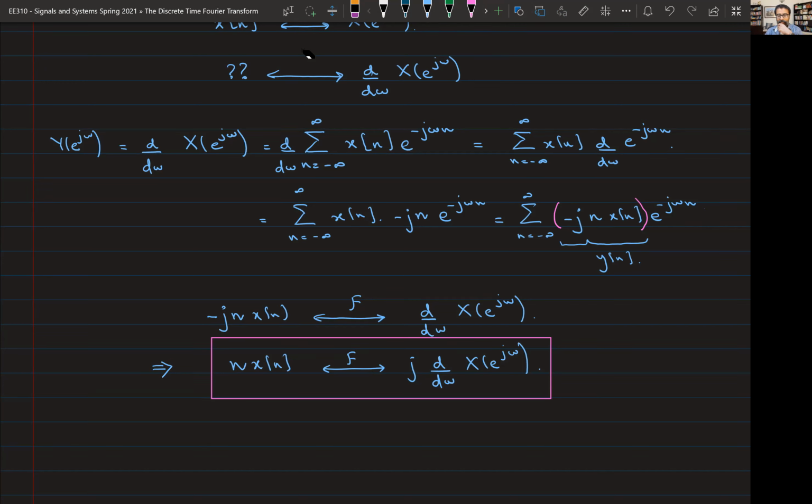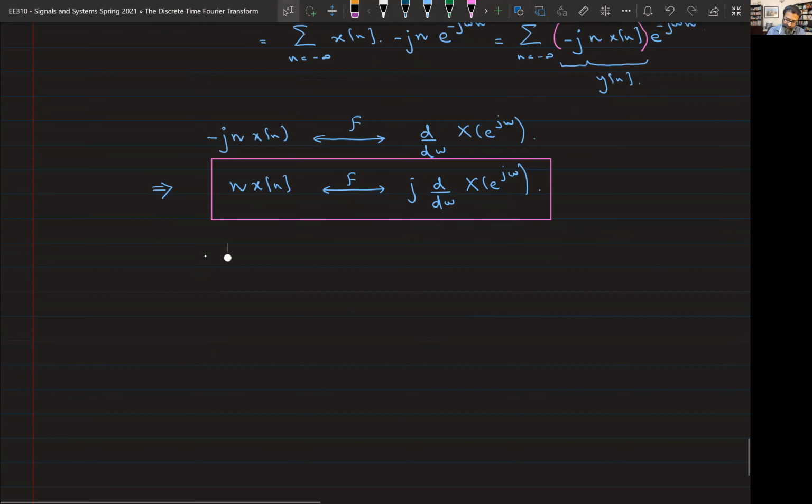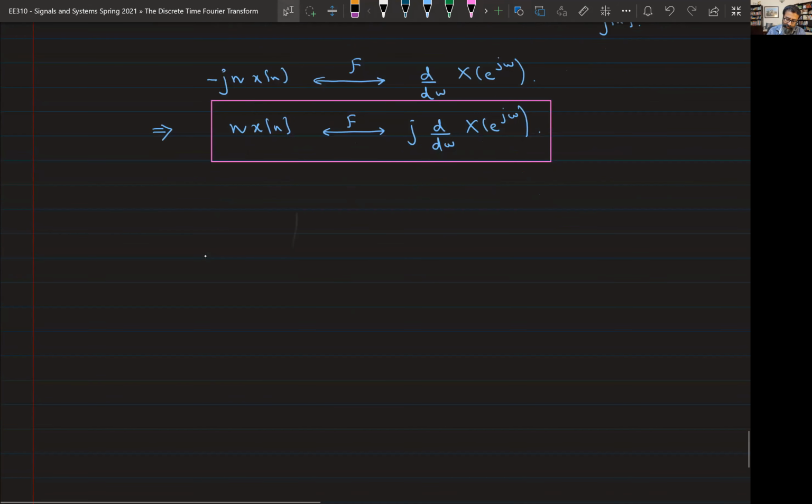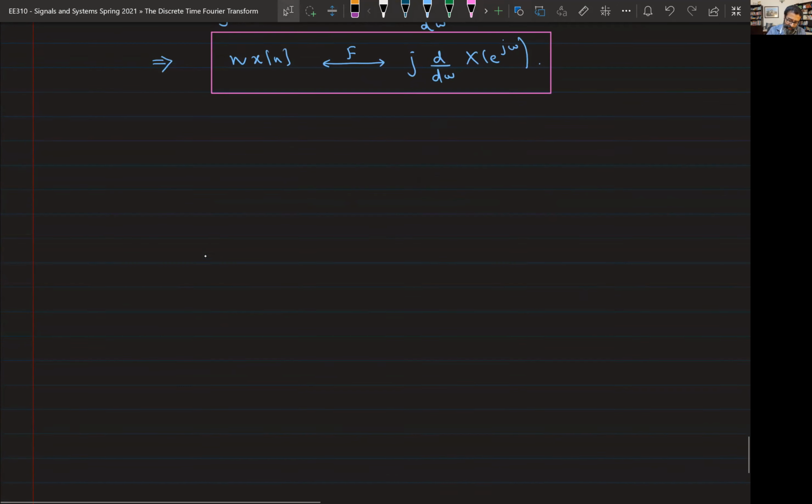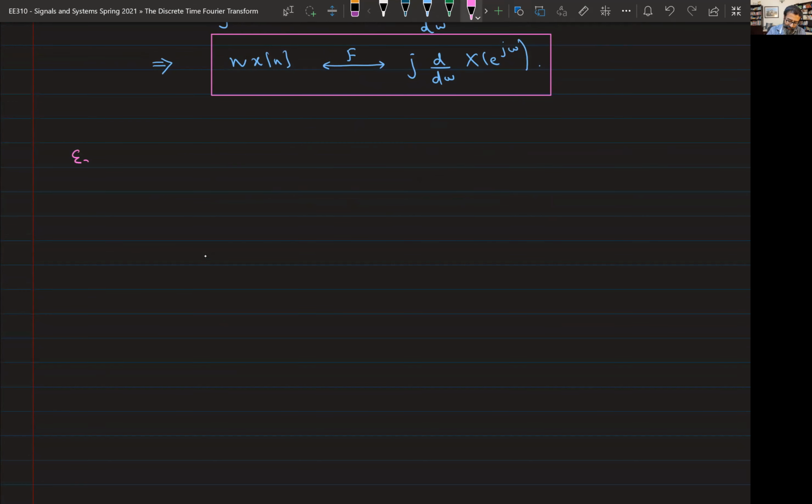Okay, let me apply this property in determining a Fourier transform. So let me put this property up here. This is something I know. Let's use this for the following example.